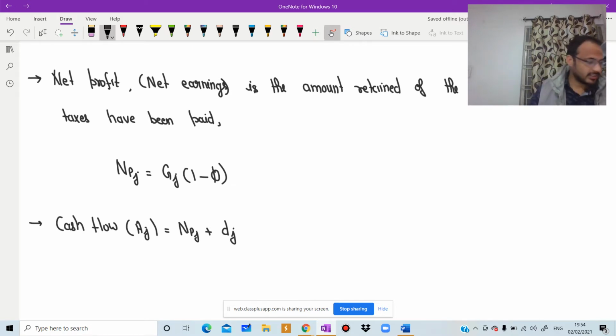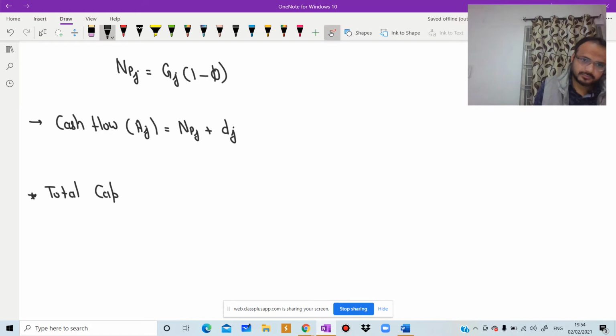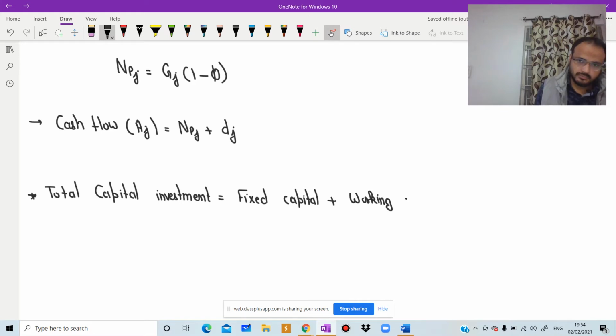We have already discussed there are two types of capital investment. So total capital investment is equal to fixed capital investment plus working capital.